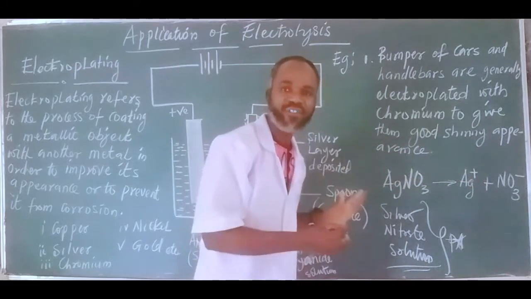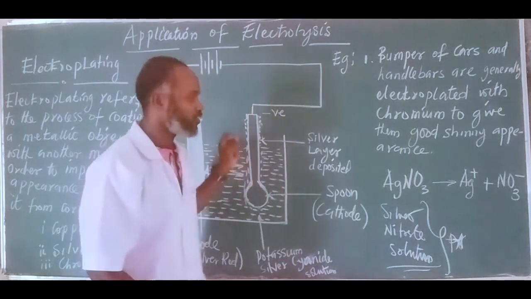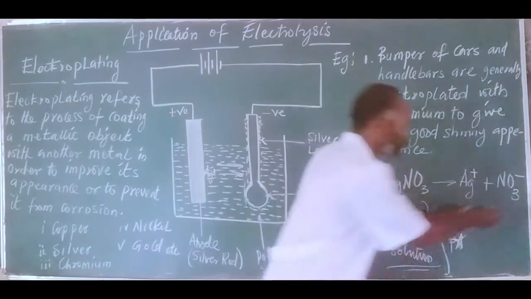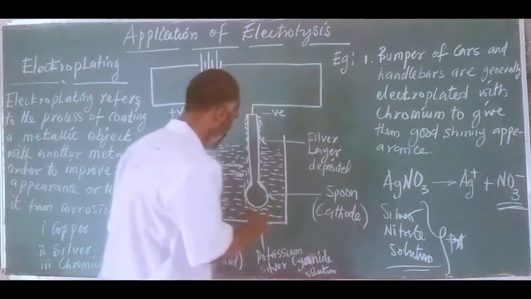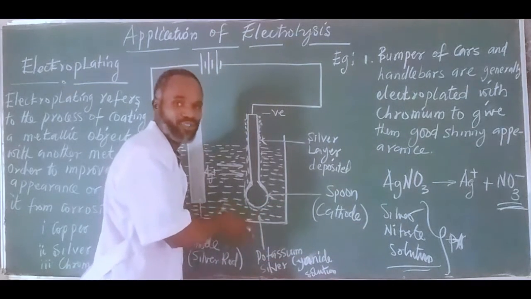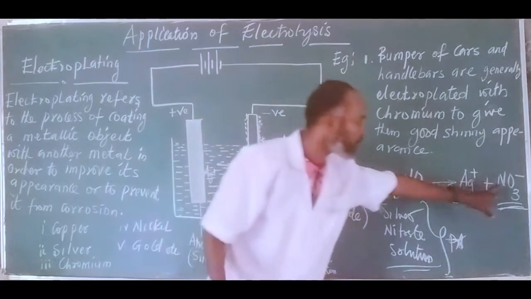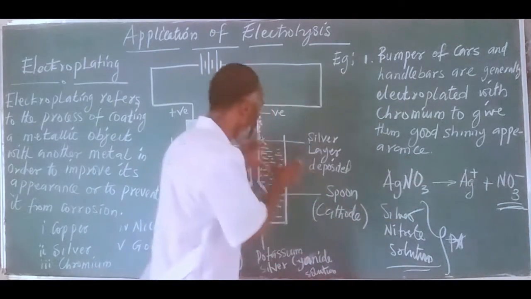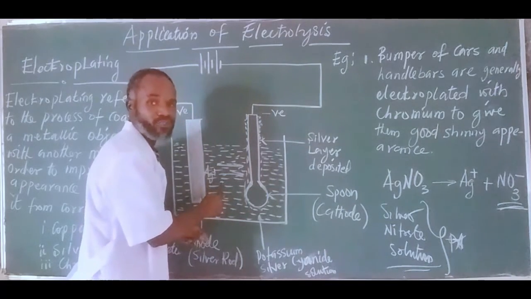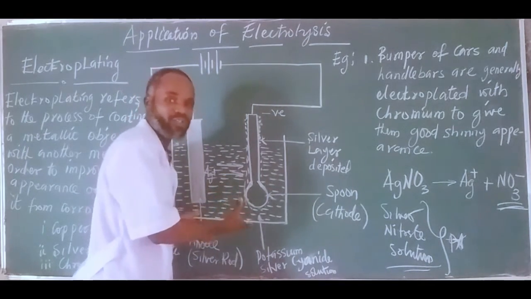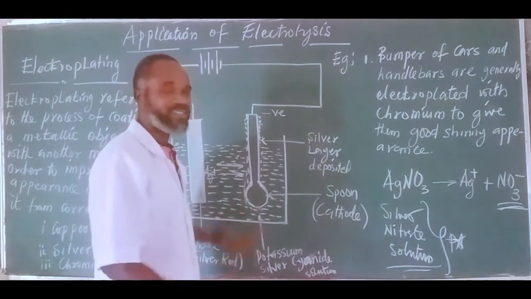The silver ions drift towards the cathode, which is the spoon. So what happens to the nitrate ions? The nitrate ions remain in the solution. They are not deposited on the spoon, but remain in the solution to maintain the concentration of the solution. So that is it. This one is very simple.